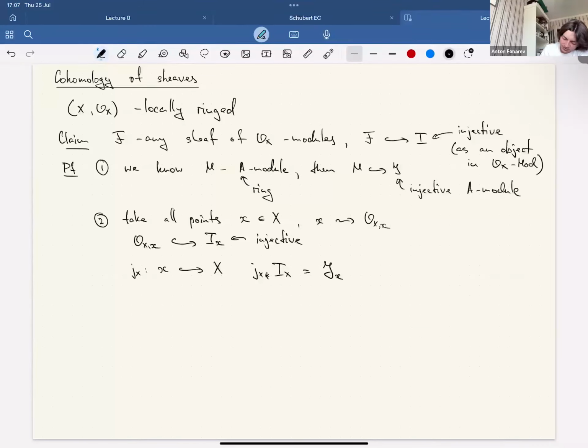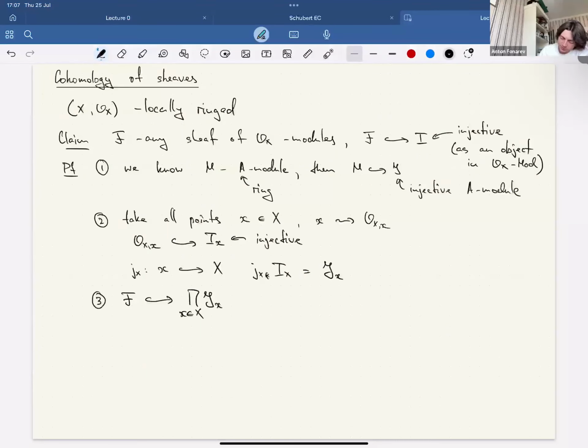Then it turns out, this is a good exercise. So step three, check that there is an embedding from F into the product of all those J_x over all x in X.